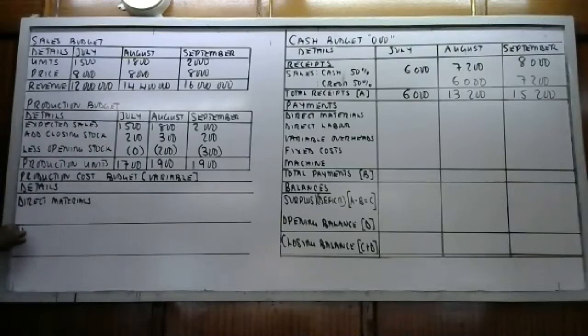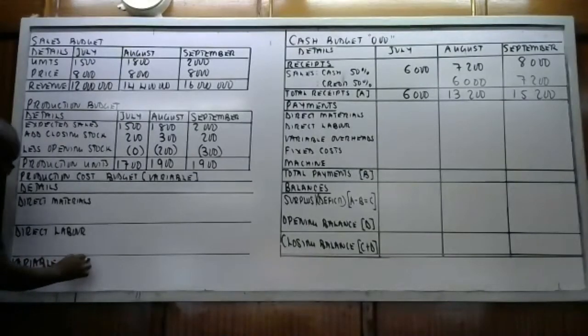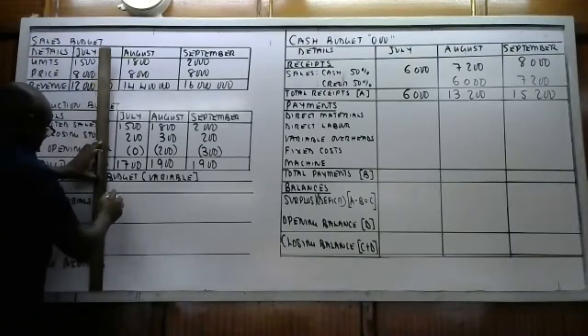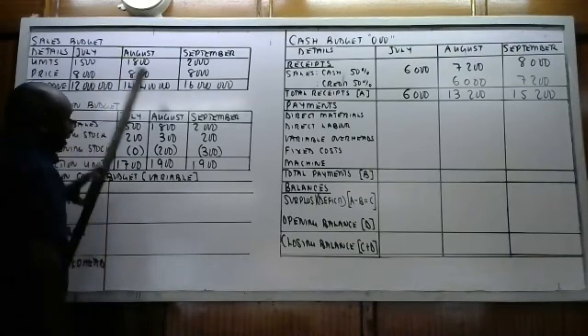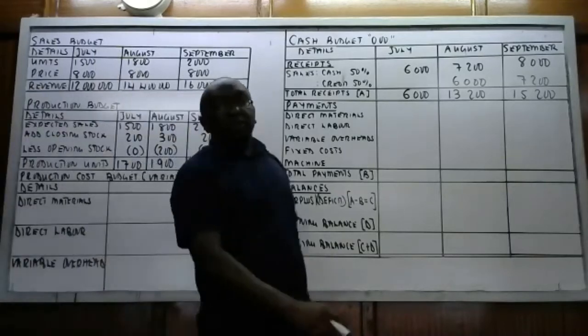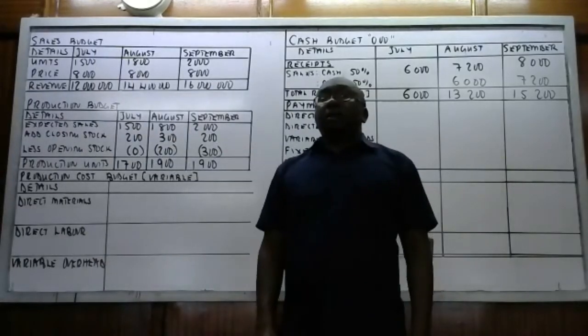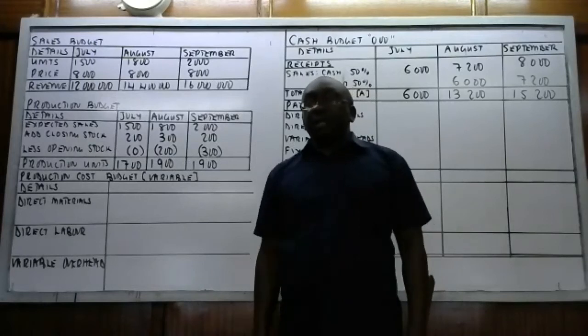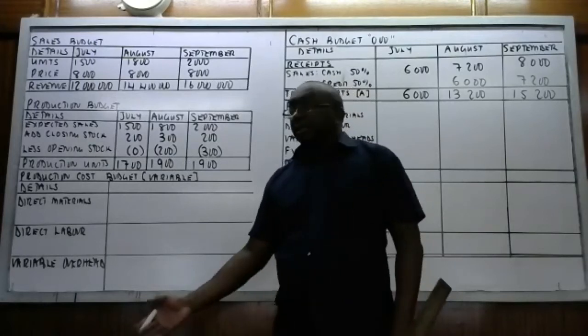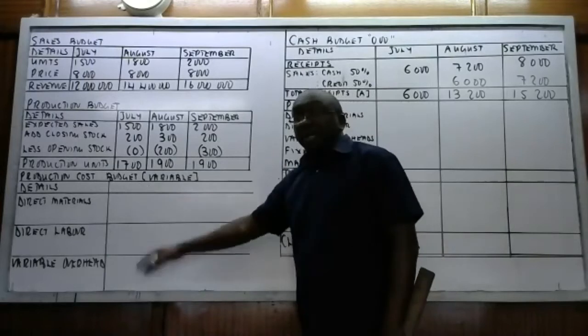Then I have direct labor. Then I have variable overheads. So here, production costs budget is not anything new, but it's exactly what you have been hearing when we have been saying direct materials cost budget, direct labor cost budget.